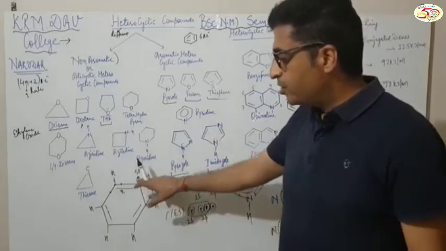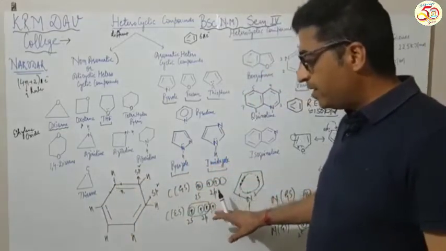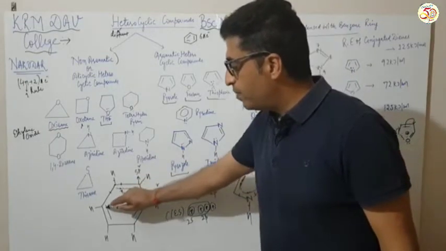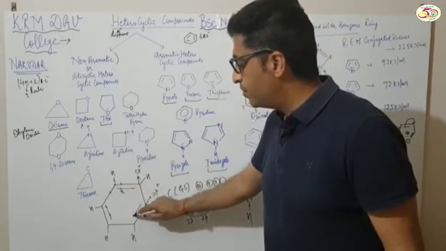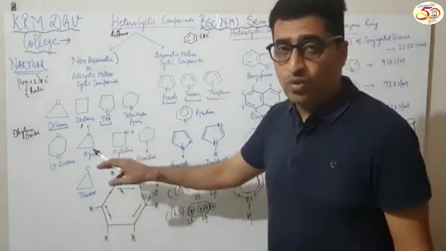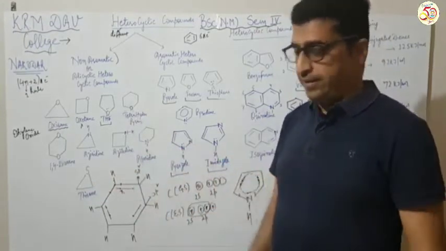Here each carbon is showing sp2 hybridization. There is one unhybridized orbital on each carbon, so that is why we get 6 unhybridized orbitals of carbon. Those orbitals will overlap to give us a pi cloud above and below the plane.